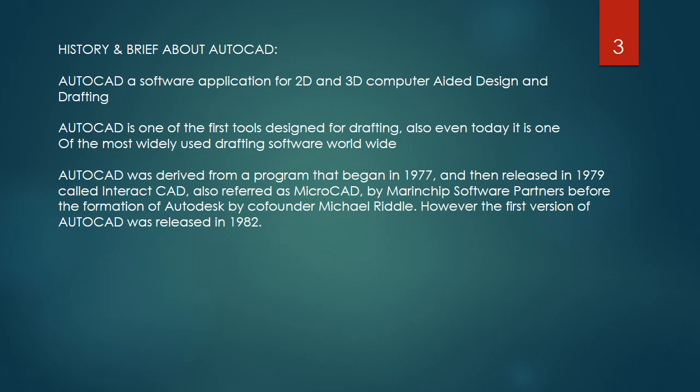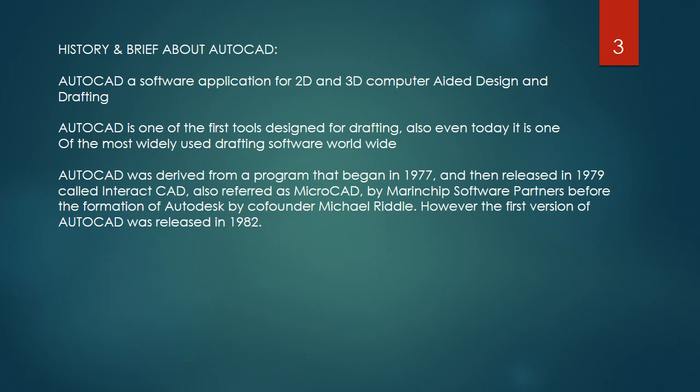AutoCAD was derived from a program that began in 1977 and was released in 1979 called CAD, also referred to as MicroCAD, by Marine Chip Software Partners, before the formation of Autodesk by co-founder Michael Riedel.